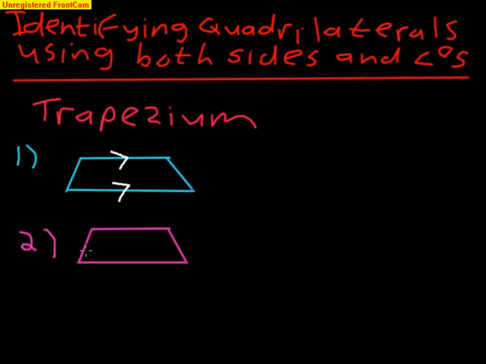For example, if this angle and this angle together add up to 180 degrees, let's say the one is maybe 130 and the other 50, or let's say the one is 140 and the other 40. As long as they add up to 180 degrees, then it's enough information to classify this quadrilateral as a trapezium.